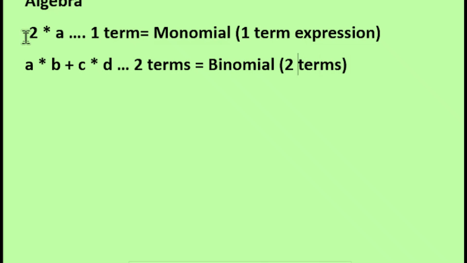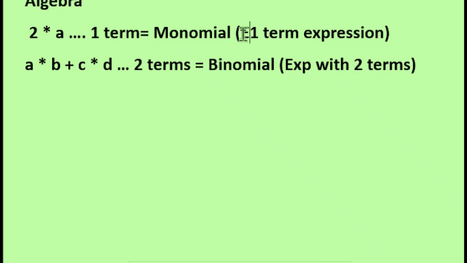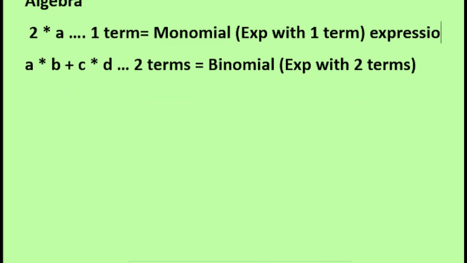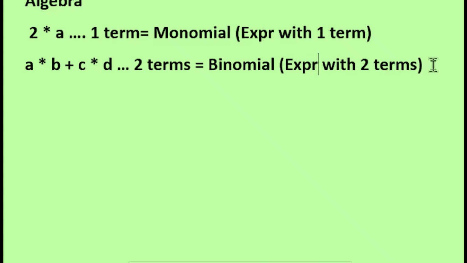Instead of 1 term expression, I'll write expression with 1 term. So an expression with 1 term is called a monomial. An expression with 2 terms is called a binomial.